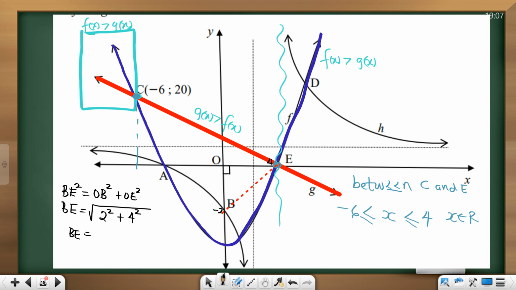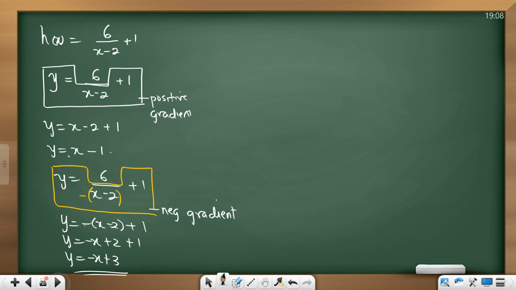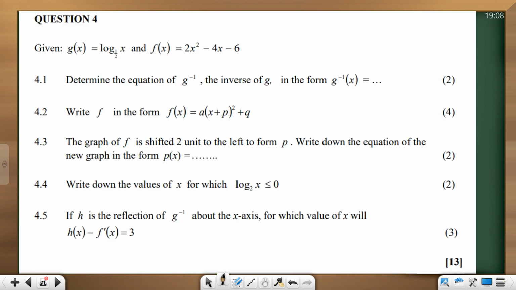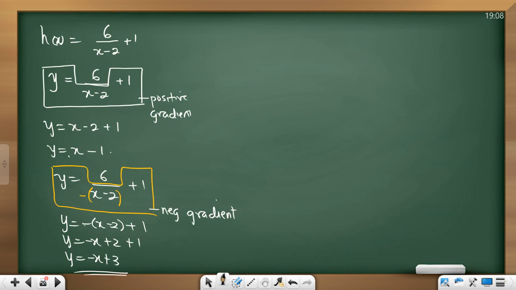What is 4 plus 16? Root of 20, which is 2 root 5. Whether distance or Pythagoras, as long as the maths principle is okay, we are fine using any principle.